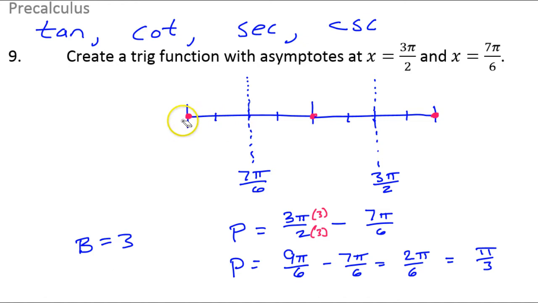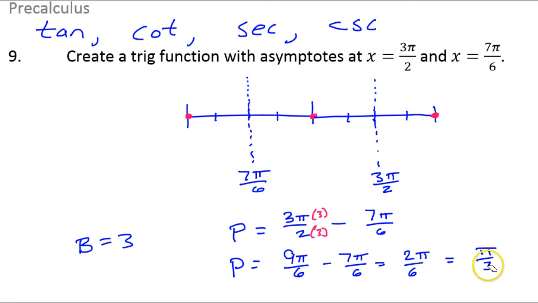I need to know the starting point of this point right here, because that's going to tell me the phase shift. Alright, that'll tell me the phase shift. So I need to know how big these are. I need to know what the coordinates of this point are.